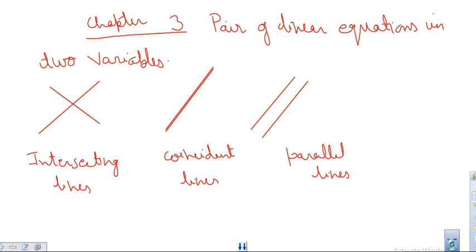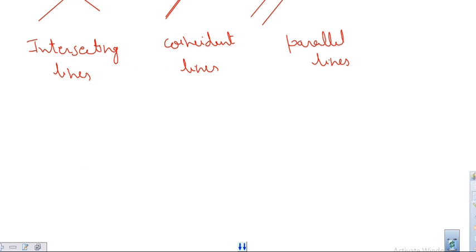Now the question arises, why does the graph come out to be of three types? For this, you will see that the coefficients in the equation play a very important role.